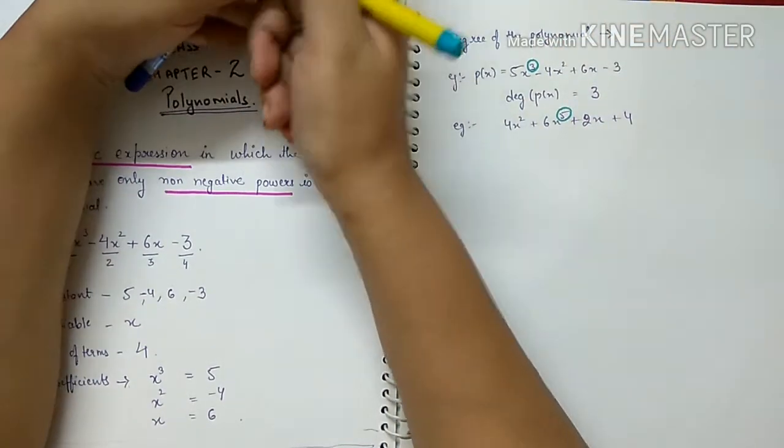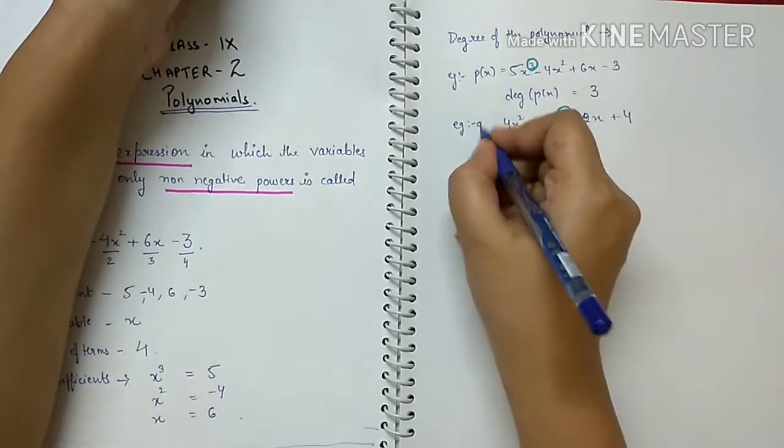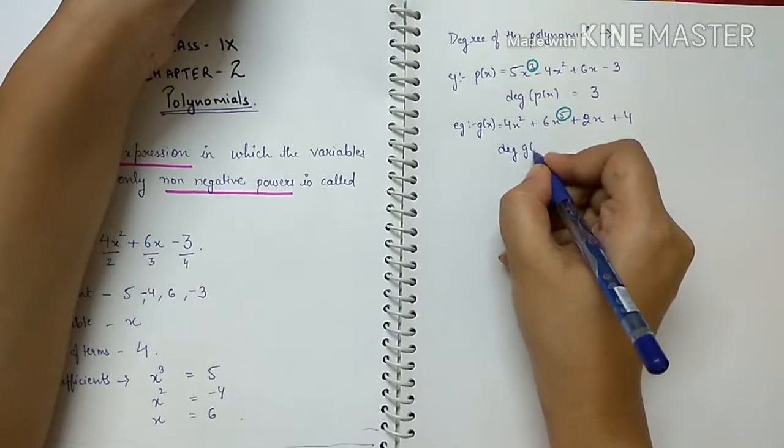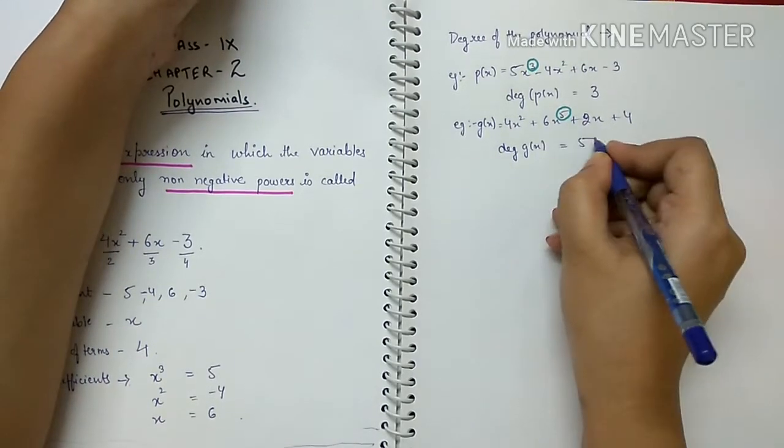So what is the degree of the polynomial? If we term this g(x), the degree of g(x) here is 5.